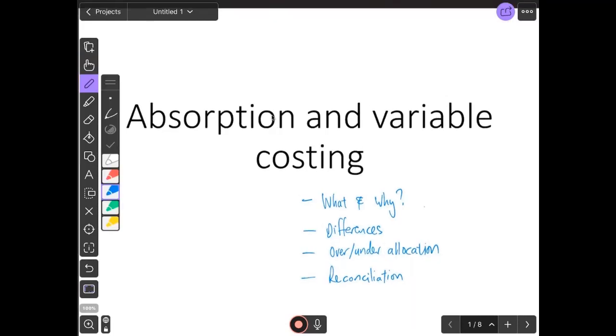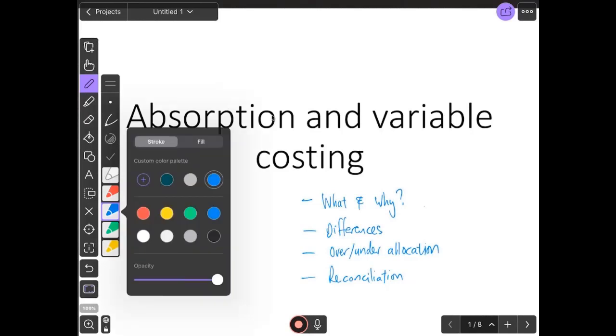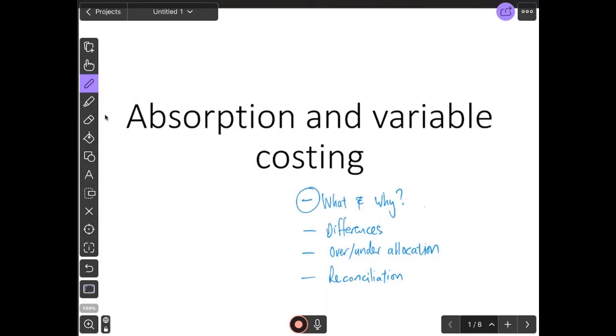So what we're going to chat about today is the what and the why of absorption costing, because with any topic, you can only really understand it and know how to do it once you understand what it is about and why it is important for a business. So we're going to chat about that quickly.